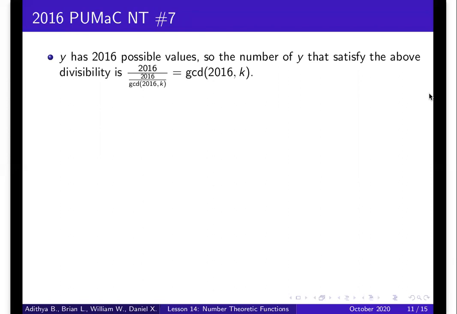So if we simplify this a bit, we just get that the number of y that satisfy this divisibility for a fixed k is the GCD of 2016 and k.